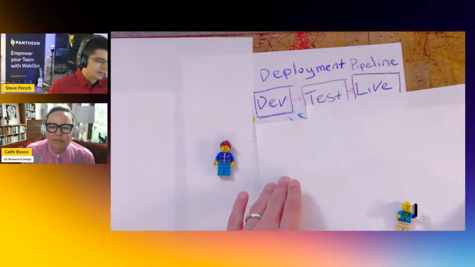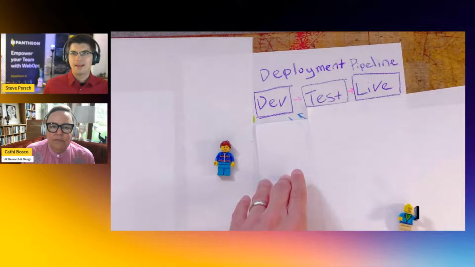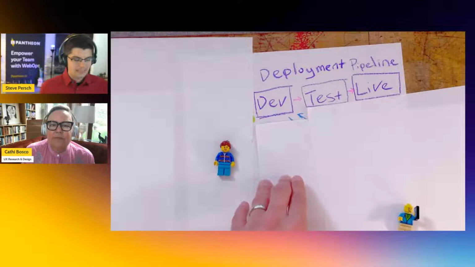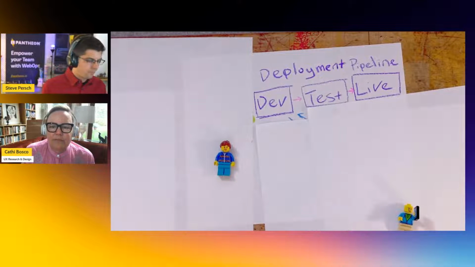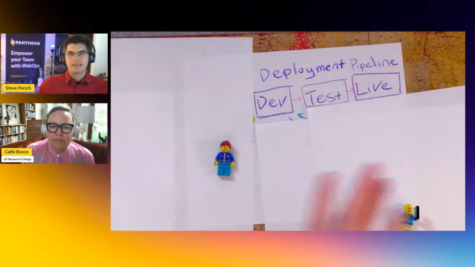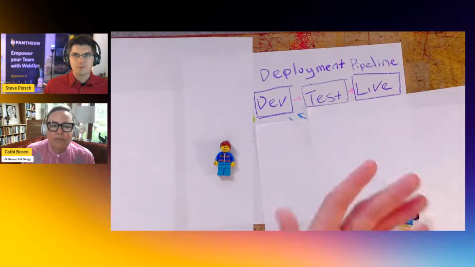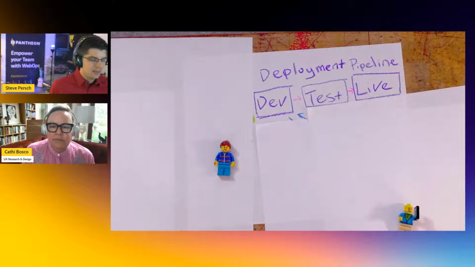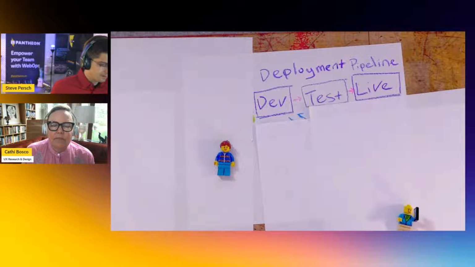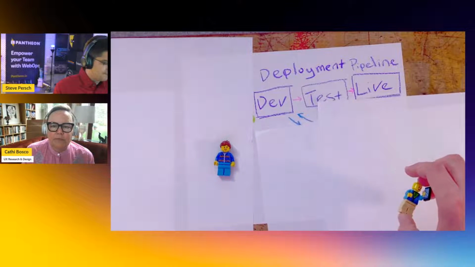I did mention that every single site on Pantheon has a test environment and a live environment as well. It's good to know that those exist. That is where we want to get our code eventually: the live site. But I don't think we're going to talk all that much about test and live on this stream today.